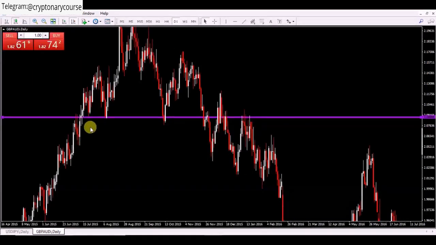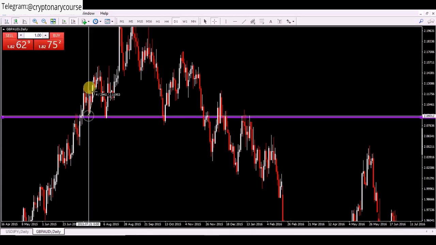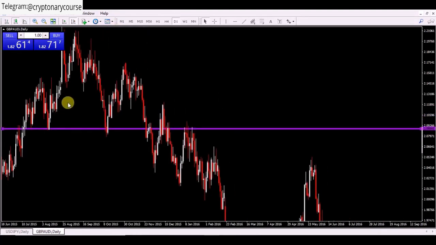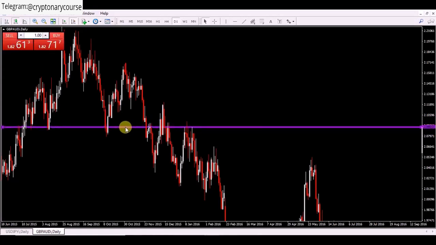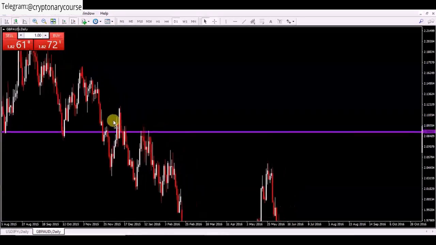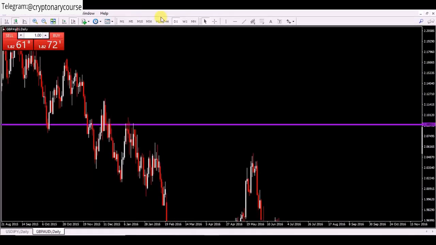So even here, came up, reacted, dropped 300 pips, broke through, retested, rallied over 1,000 pips. So obviously the daily and weekly support resistance areas are the only areas that we care about, which we can pull the most out of the market.